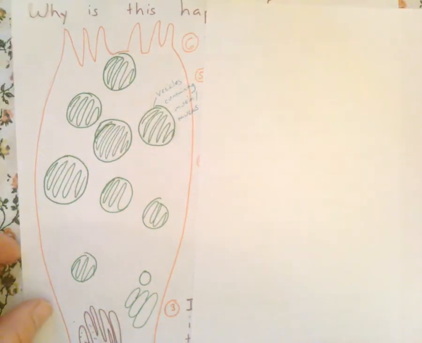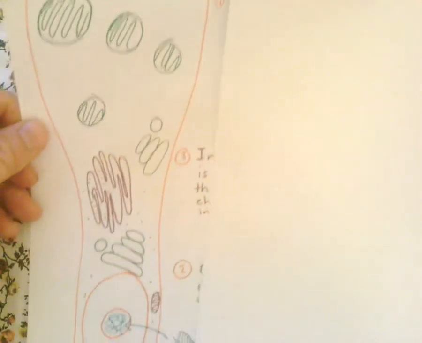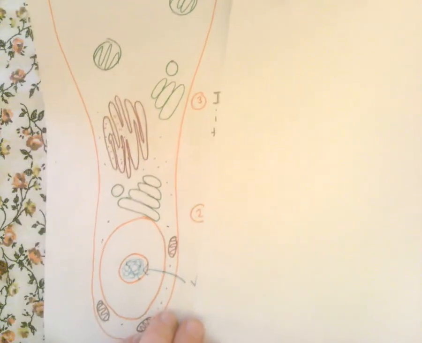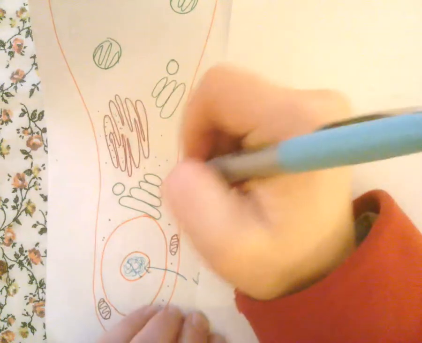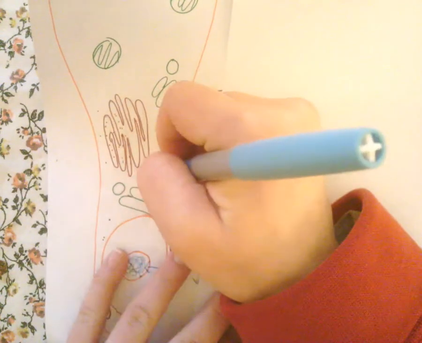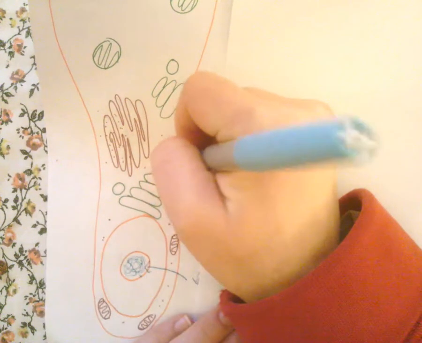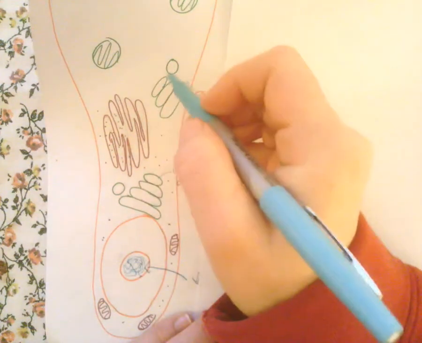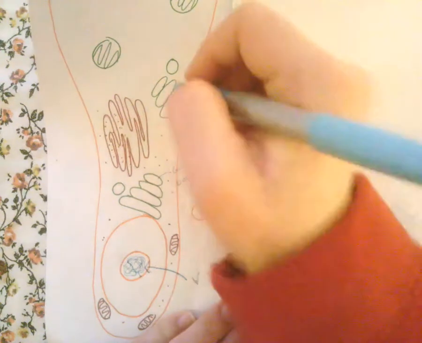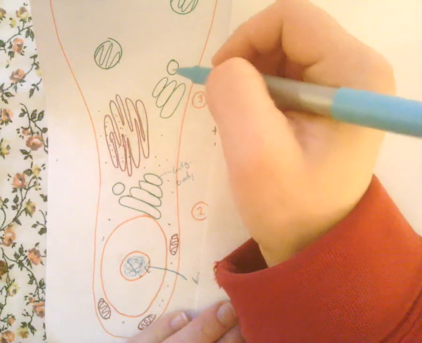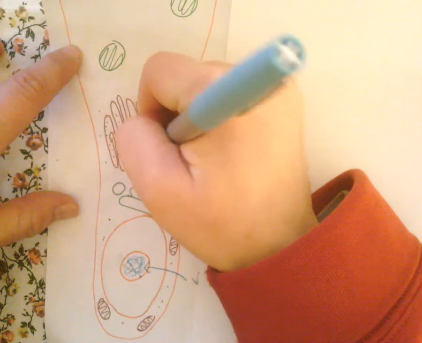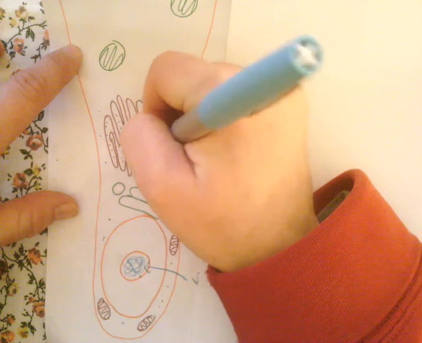Okay, as we move down to the bottom, so this should look very familiar to our other drawing that we did of our goblet cell. We have some more structures. So here we have these two pancake-like structures. So these are both the Golgi bodies. Okay, so one there, one there. There's another little vesicle. Okay, so I don't need to label them all. We labeled one already. So here's another vesicle, here's another vesicle. This is the ER, or the endoplasmic reticulum.